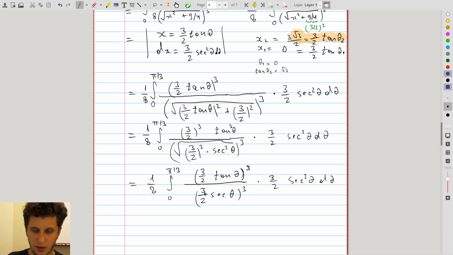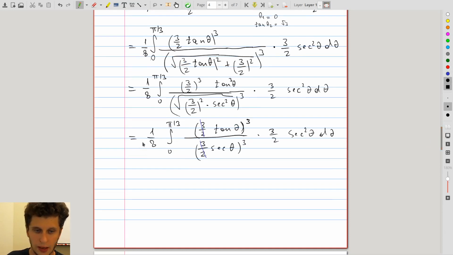The nice thing about this product is that (3/2) cubed and (3/2) cubed cancel, and I can take the 3/2 from the second factor outside the integral altogether. So I'll have 3/16, then my integral from 0 to pi over 3, and then I'll have tangent cubed theta.